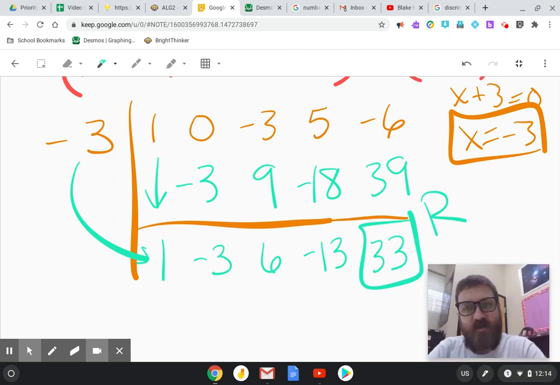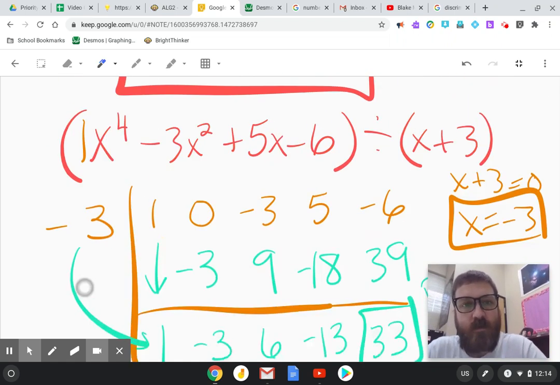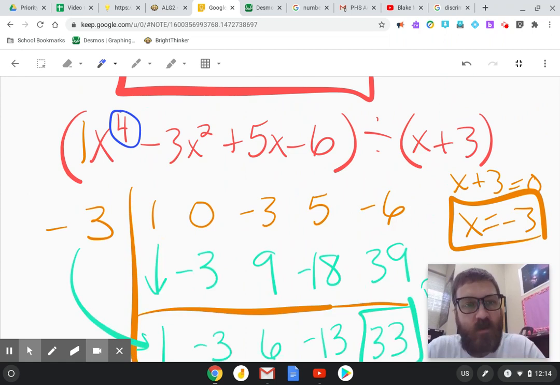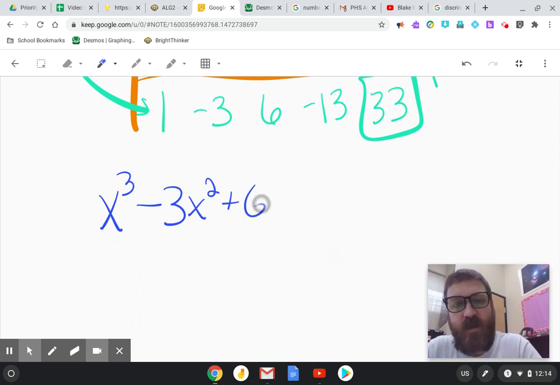And that's because you can see it just didn't go in there evenly. It just kept getting further and further away. So let's look at how we can write our answer when that is what happens. When that happens, we're going to move down one term, or 1 degree. So since we started with 4, our first term is going to be x to the third minus 3x squared plus 6x minus 13.